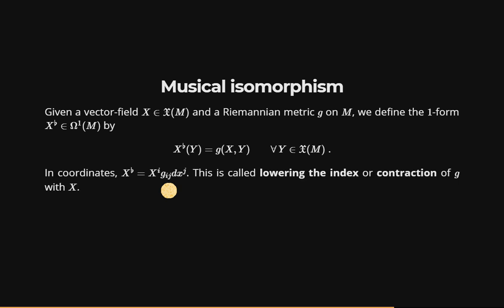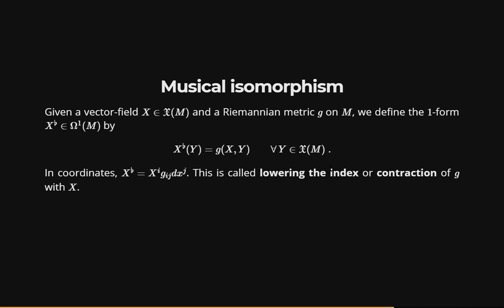In coordinates, this happens: x flat is the differential form whose coefficient is the coefficient of the vector field times g_ij, and you see that i is repeated, so we are doing a sum over i. This is called lowering the index, or contraction of g with x.